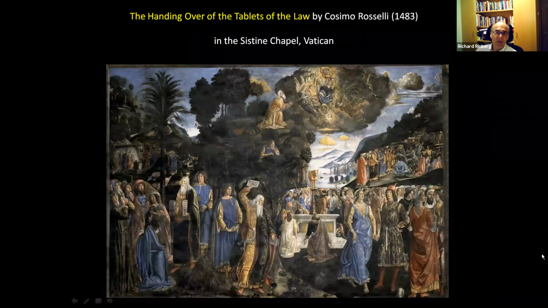Now, if you go to the Sistine Chapel, to the Vatican, you'll see Rosselli's 1483 design, very busy design, Moshe up in heaven, and here he is with the luchot, and you've got the golden calf. So they're telling really the whole story in picture form.